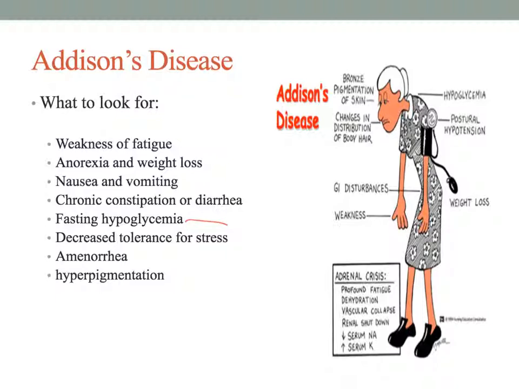Reduced aldosterone secretion causes potassium, sodium, and water imbalances. Potassium excretion is decreased, causing a high potassium level, which can be irritating to the cardiac muscle. The patient will have a low sodium level, and they will also have a low water level.